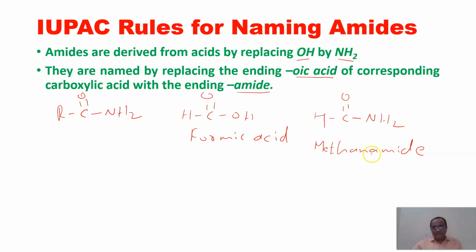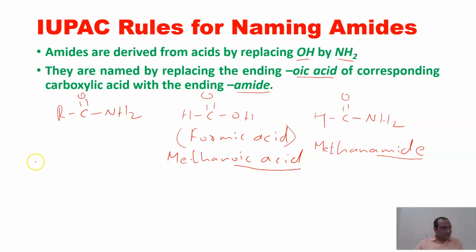So replace methanoic acid. This is formic acid, a common name or general name. The IUPAC name is methanoic acid. So replace this oic acid, and instead of that write amide, so it becomes methanamide.